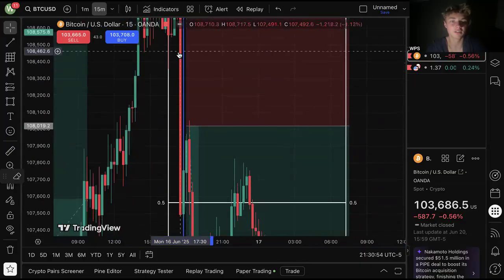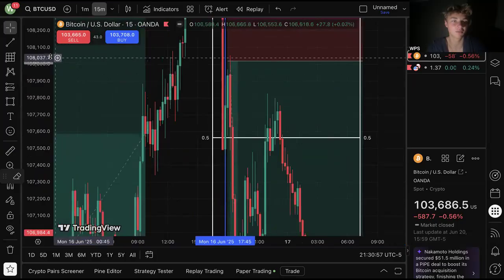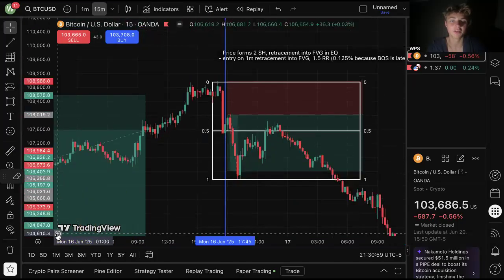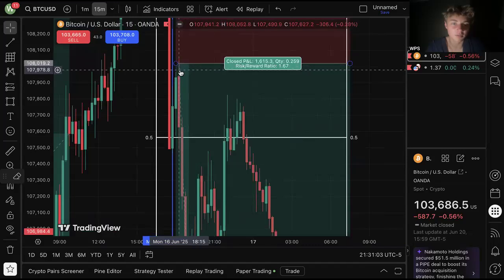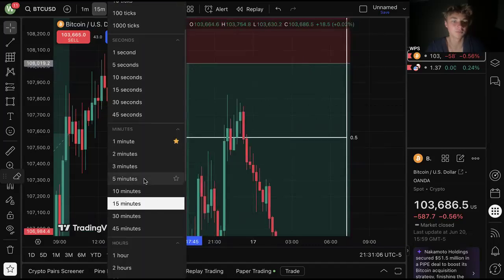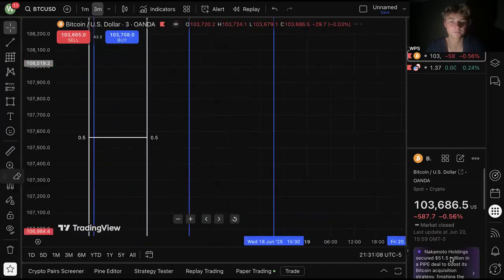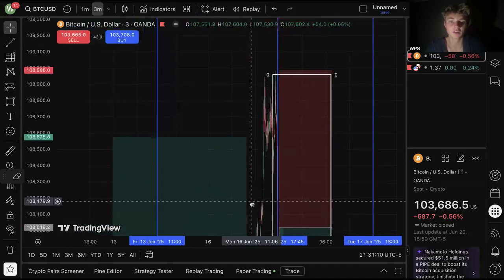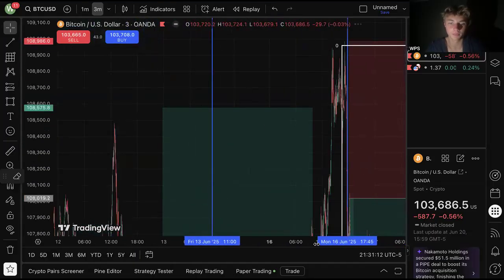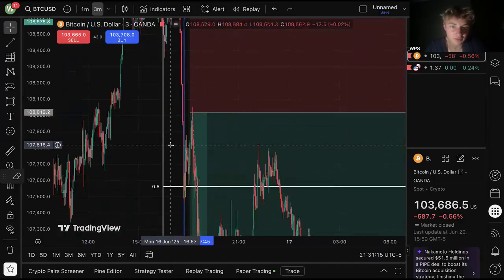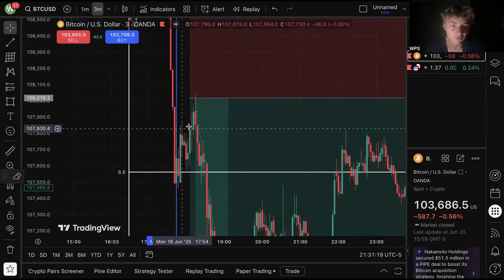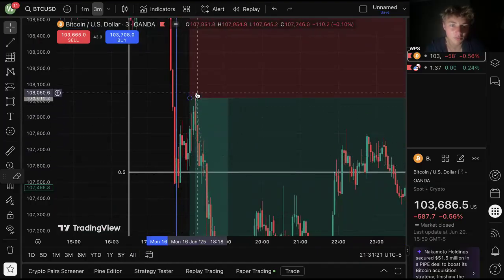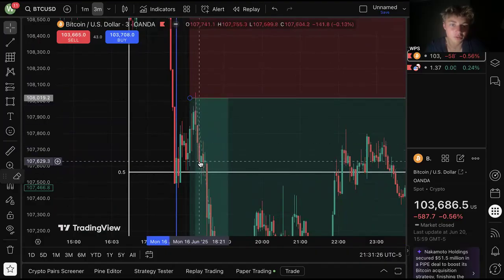And then price completely dumps, it completely rug pulls, and we get a small retracement right here as soon as it breaks structure to the downside, which I would just find on the lower time frame, a break of structure to the downside, which since price consolidates here would be easy to find as soon as price comes up and then it closes below.